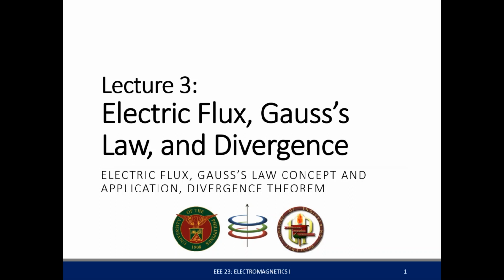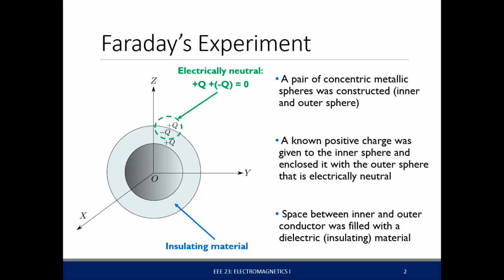To start with the discussion, let's see the experiment of Michael Faraday, an experiment he conducted in 1837, where you have two concentric spheres with the inner sphere charged by positive Q. This charge attracts the negative charges and repels the positive charges in the outer sphere.